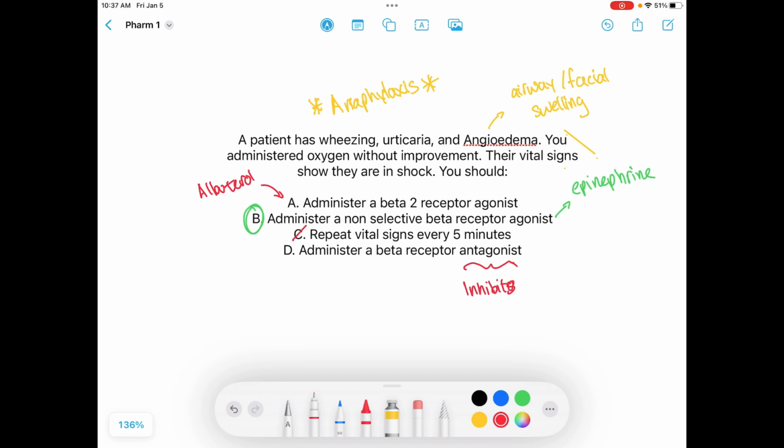It decreases blood pressure, which can potentially be bad in anaphylaxis because those patients are predisposed to hypotension. So medications like metoprolol are what we think of as a beta receptor antagonist. They end in LOL. So that's not really appropriate for us to give.